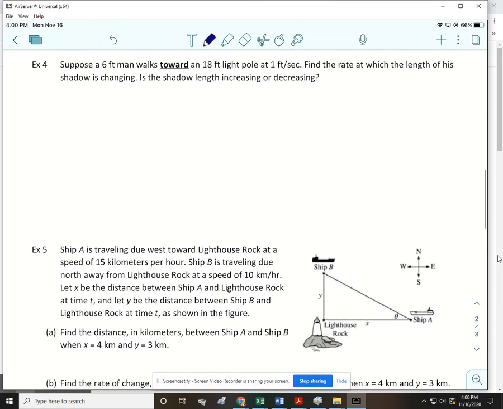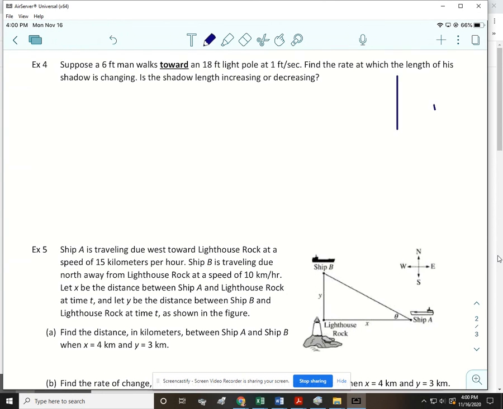All right, let's look at 4. Suppose a 6 foot man walks toward an 18-foot light pole at 1 foot per second. We want to find the rate at which the length of the shadow is changing, and then decide if the shadow is increasing or decreasing. All right, so we have an 18-foot pole.